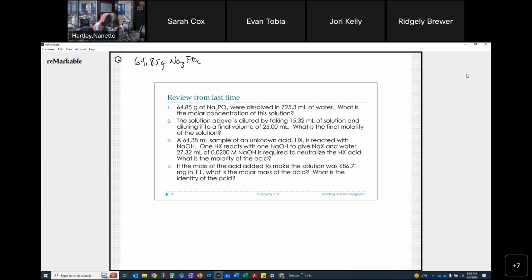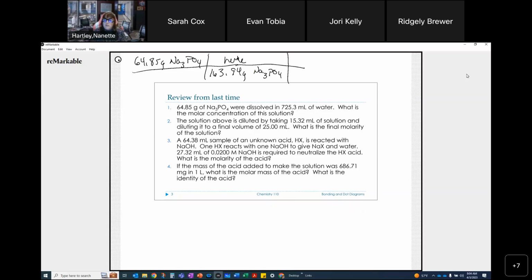And again, periodic tables are a little bit different. The one that I'm using is the one that's on my desk, which is a little bit bigger than the one that's on the exam handouts. It's easier for me to see while I'm doing this. Plus 4 times that 15.999. And I get 163.94 grams of Na3PO4 per mole.